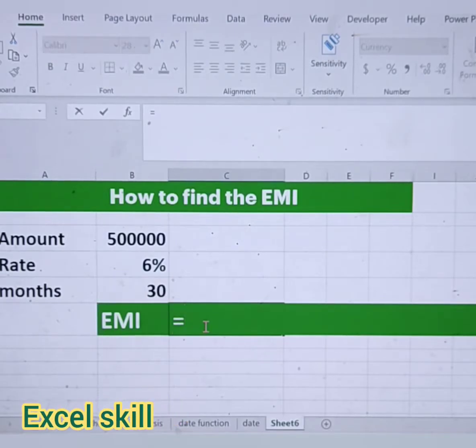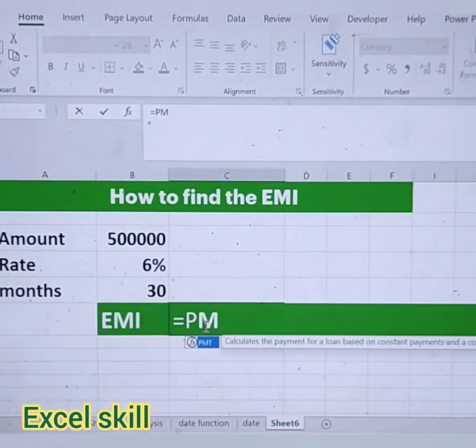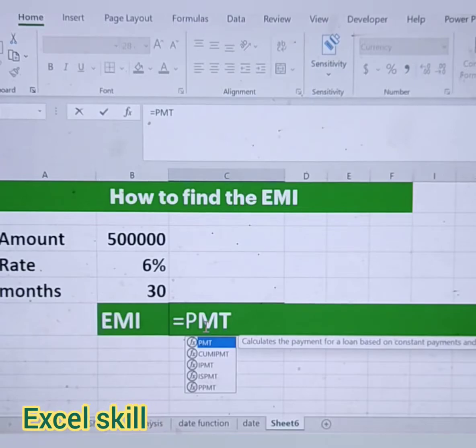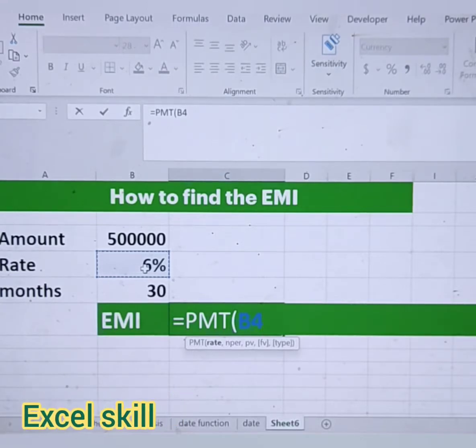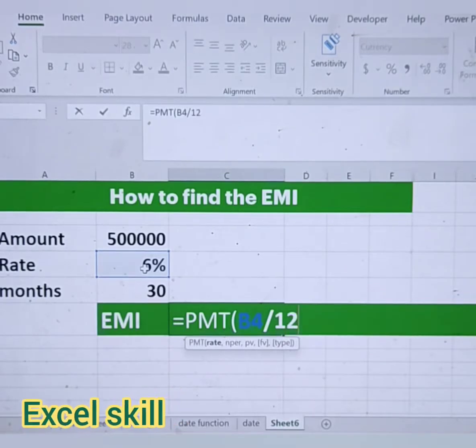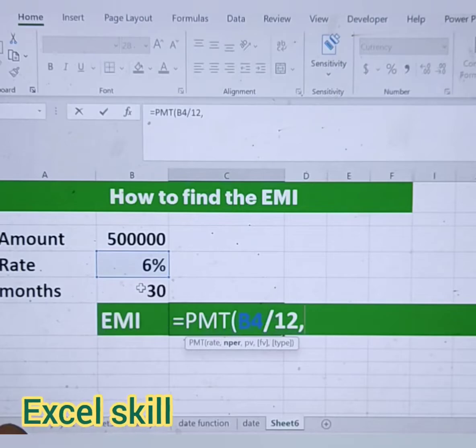Give equals and type PMT, that stands for principal, months and the rate. Now open the parenthesis, choose the rate, and the rate is 6%, that needs to be spread according to the year. So we have to press 12 and give comma, then choose the months.